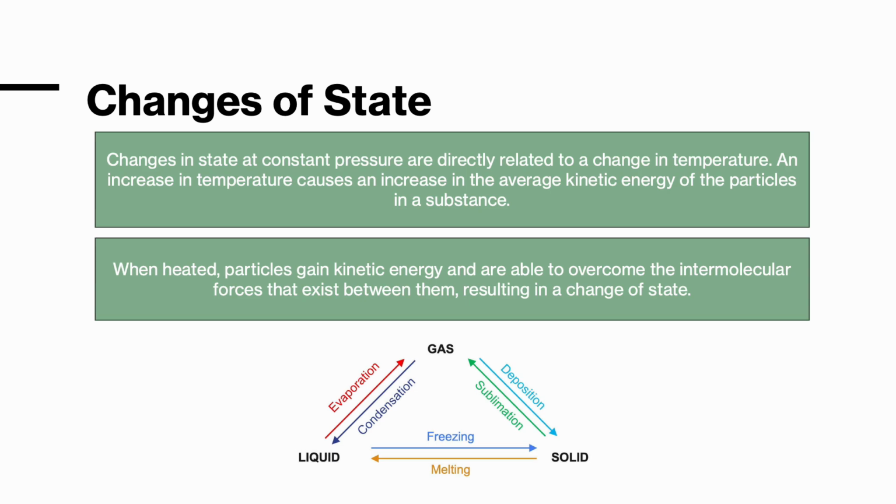From a solid to a liquid is melting, and this absorbs energy. From a gas to a solid is known as deposition, and this releases energy. And a solid to a gas is sublimation, and this absorbs energy.